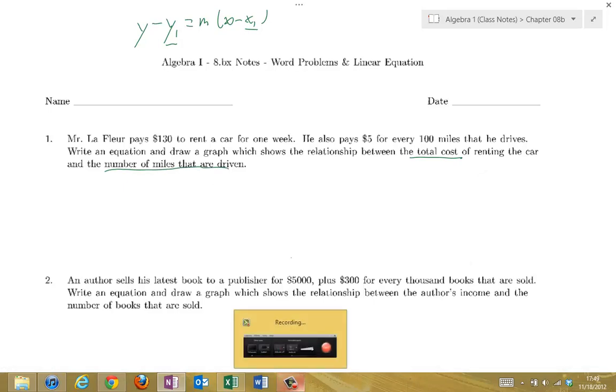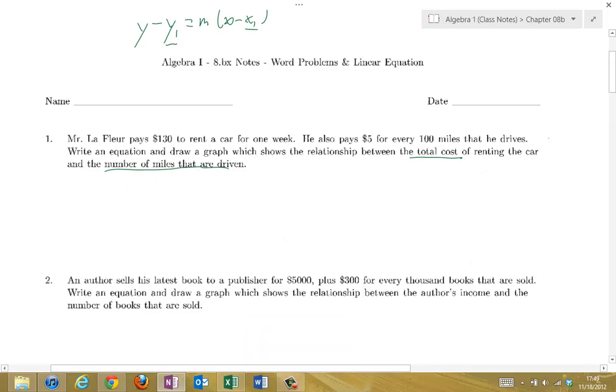Okay, we have these things called independent and dependent variables, or I kind of like to call them, we'll call x the manipulated, the thing that you control, and we'll call y the responding, the thing that changes because of what you change. Well, you can't change the cost, so the cost would probably be y, the thing that responds.